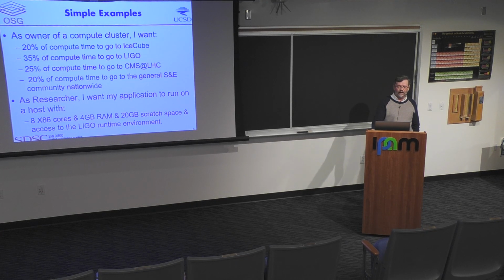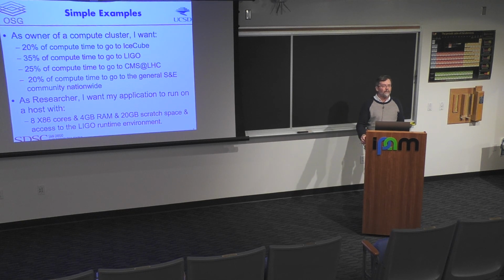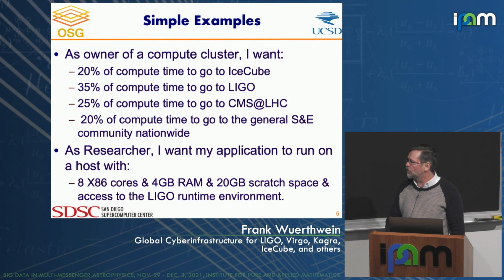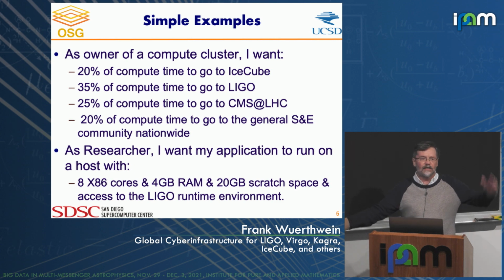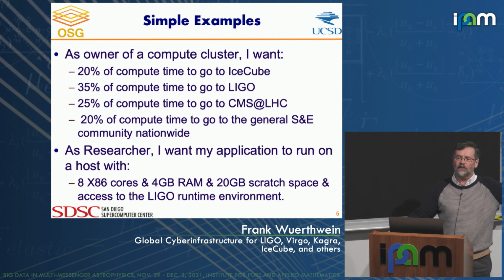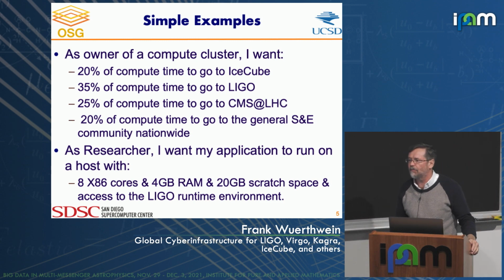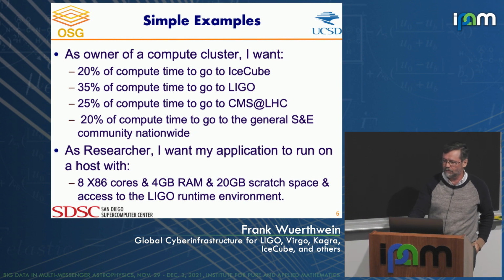And as a researcher, I may want my application to run on a host that has following characteristics. It has 8 x86 cores. It has a certain amount of RAM, a certain amount of disk space, and then it has access to the LIGO runtime environment and the LIGO data. So I can specify this is what I want as a user. As an owner, I can specify these are the people who are allowed to run, and my organization makes these 2 requirements meet, and voila, everybody's happy. That's how this works in principle.